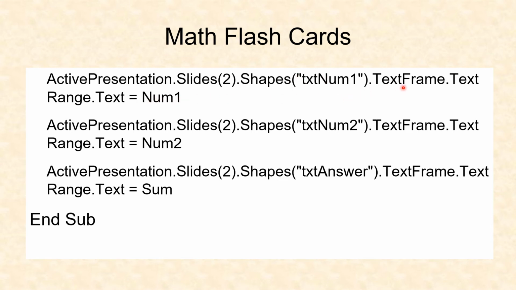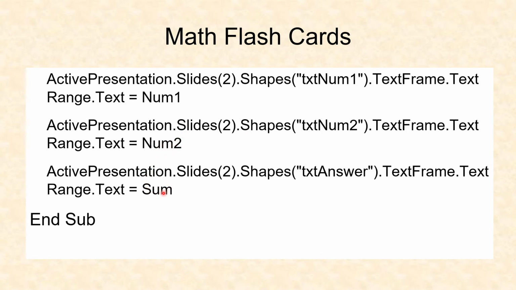Then dot text frame, which means the text box, dot text range. I realize this is breaking here just for the sake of this screen. It's one word, dot text. So what's the text that's going to go into that text box? Equals num1. So num1 will now be showing. The same thing will happen here in the second text box, and I'll display the second number.